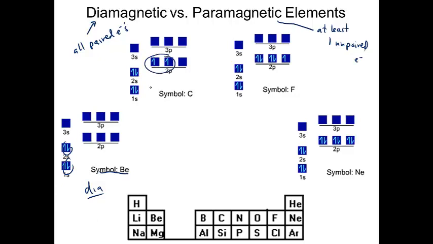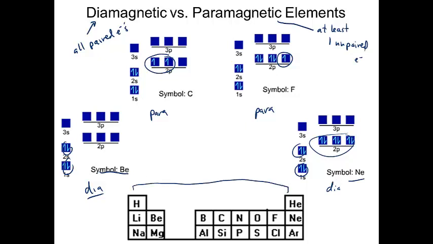Carbon has 2 unpaired electrons, so it's paramagnetic. Fluorine has 1 unpaired electron, so any unpaired electrons means it's paramagnetic. Neon has all paired electrons, and so it's diamagnetic. And so think about it: where on the periodic table are you going to find diamagnetic elements, and where are you going to find paramagnetic elements?